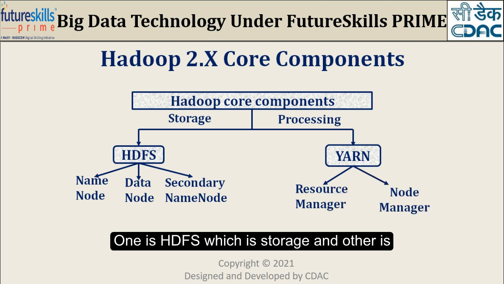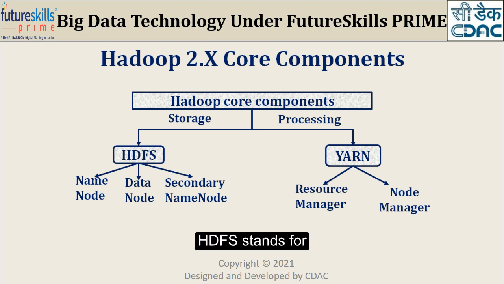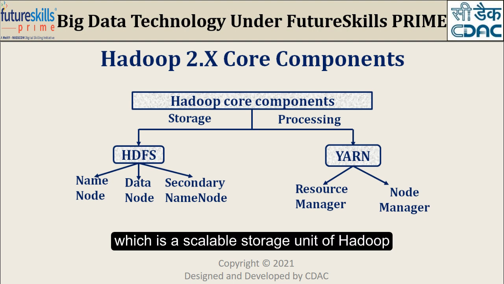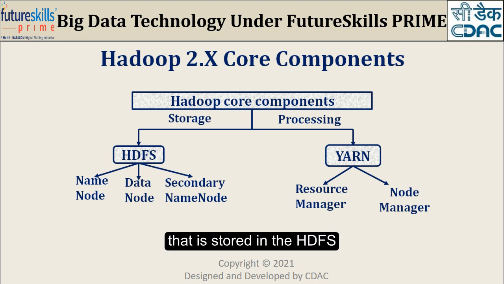One is HDFS, which is storage, and the other is YARN, which deals with processing. HDFS stands for Hadoop Distributed File System, which is a scalable storage unit of Hadoop, whereas YARN is used to process the data that is stored in the HDFS in a distributed and parallel fashion.